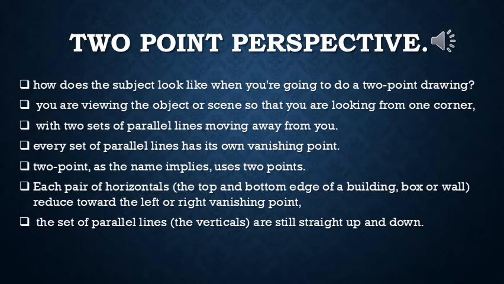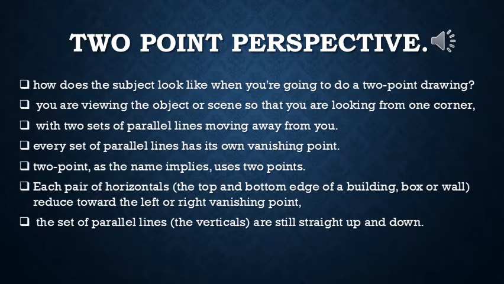Second, you are viewing the object or scene from one corner. It means if we are looking at a box, one edge of the box will be in front of us. The view is not like one-point perspective, where we are looking at the front elevation or side elevation of the object.